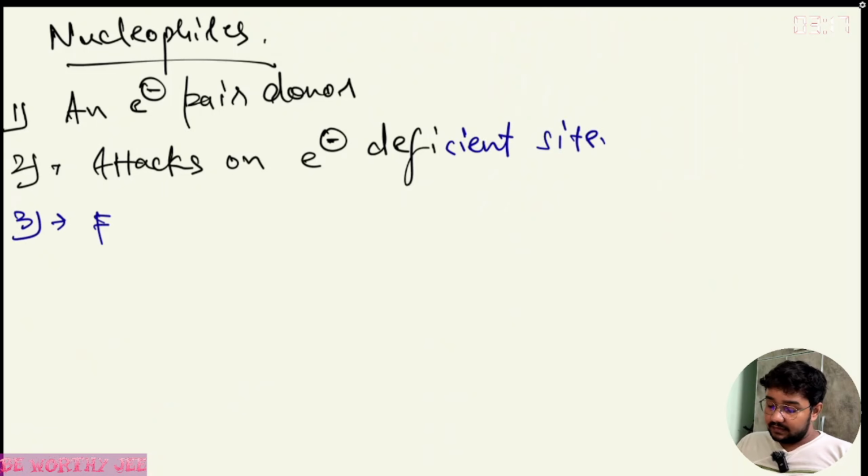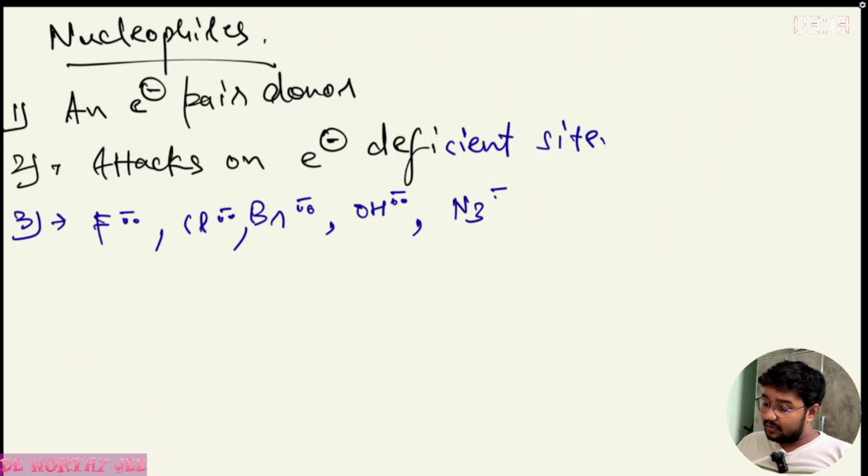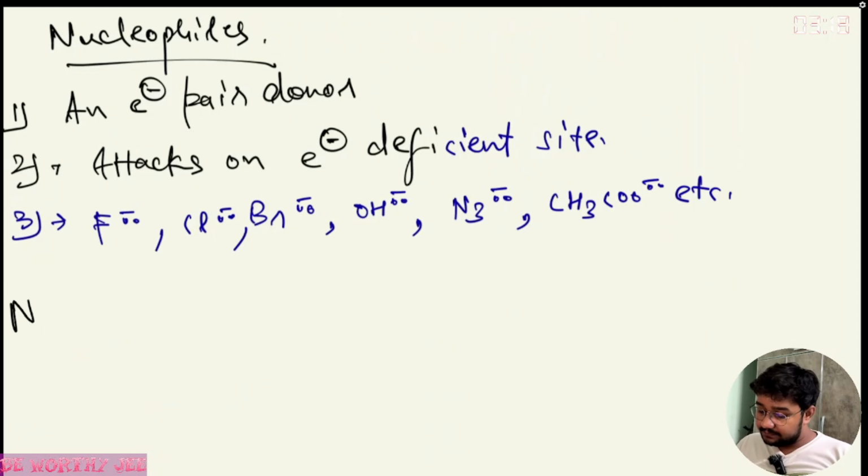Third, examples such as F minus, Cl minus, Br minus. Mostly negatively charged, but this is not a necessary condition that negatively charged anions are nucleophiles.